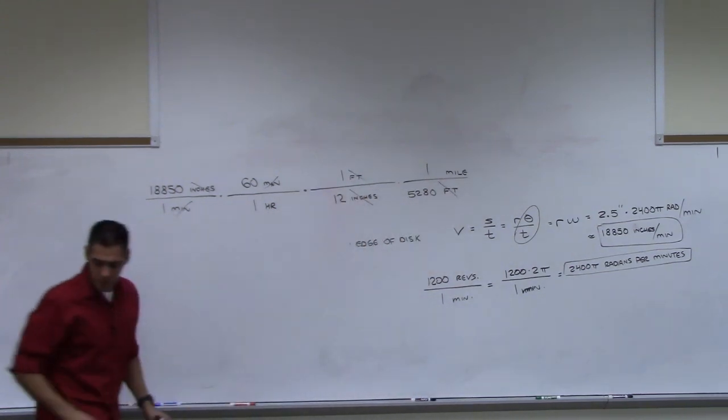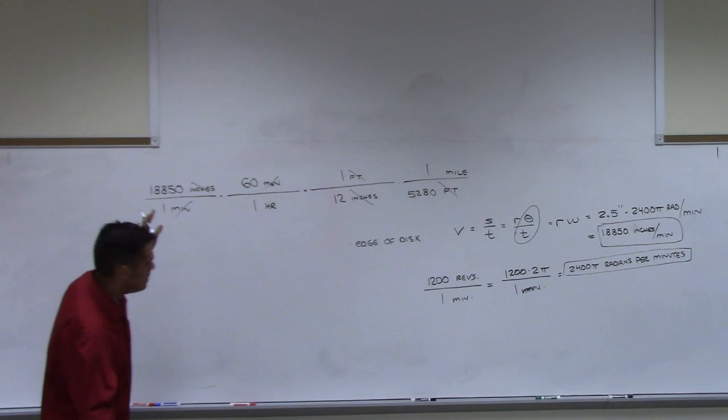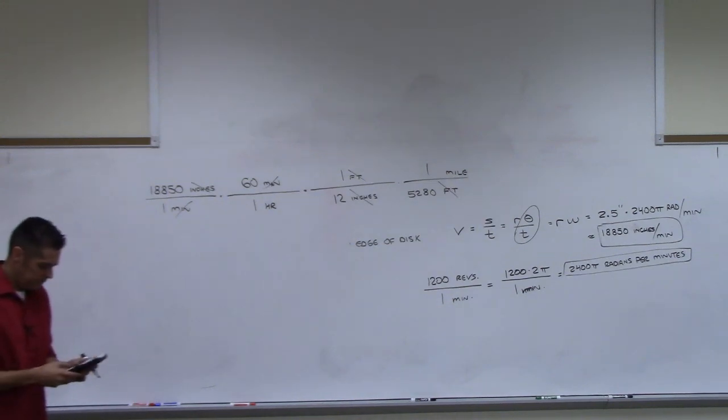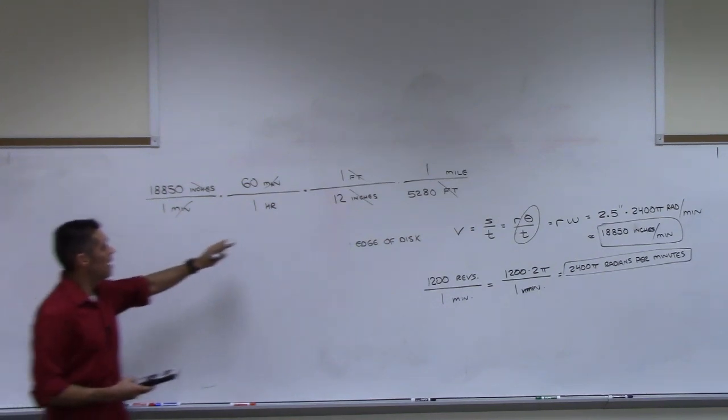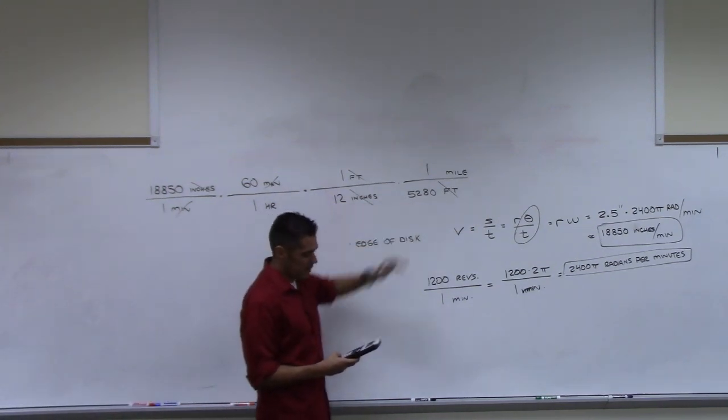All right, so what I should do now is multiply across the top, 18,850 times 60. And then take that answer and divide it by these two multiplied together.